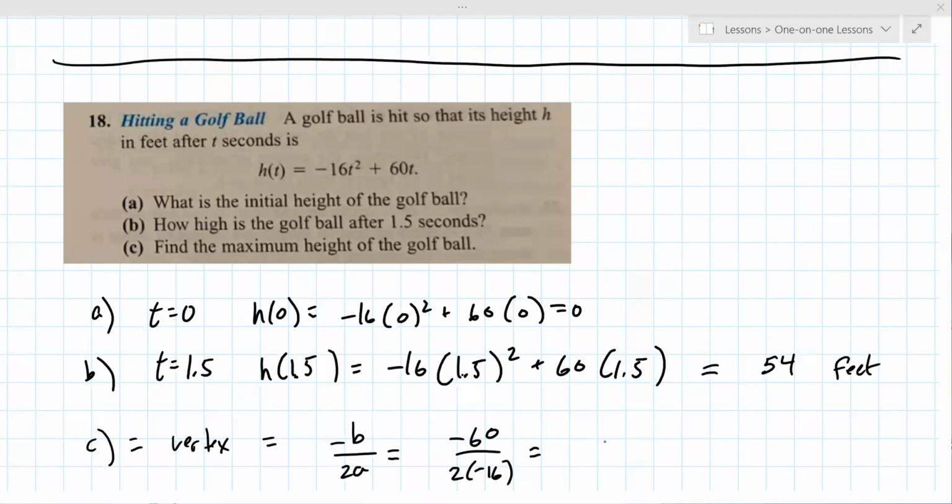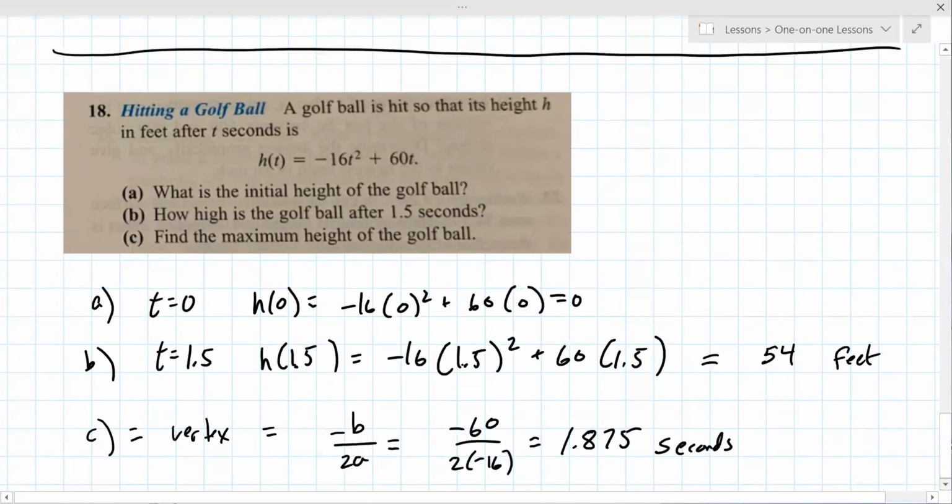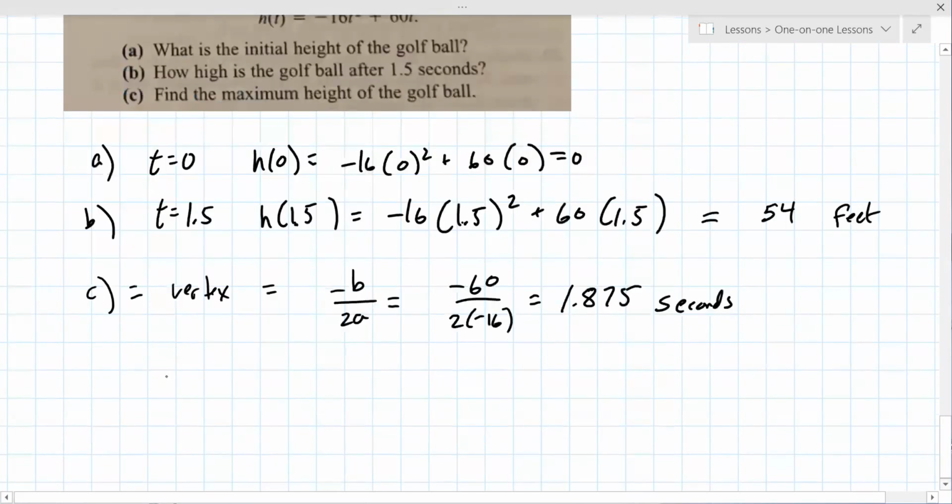So I get 1.875 seconds. I got that too. So that's half credit because you've got to then take that number and put it back into the function, h of 1.875.